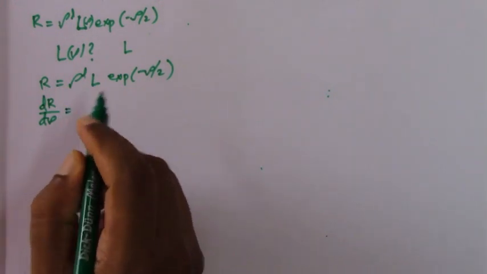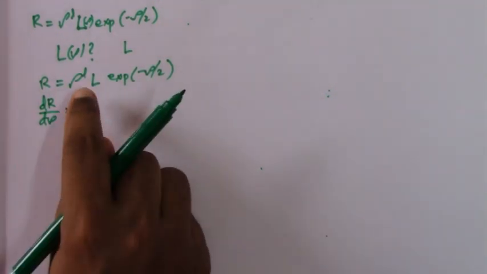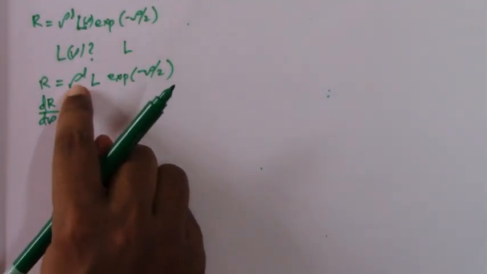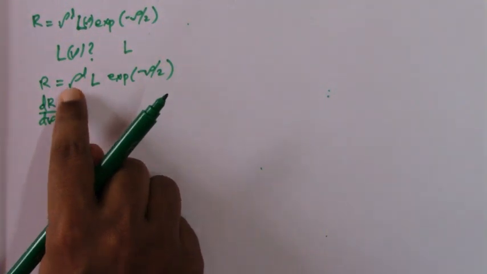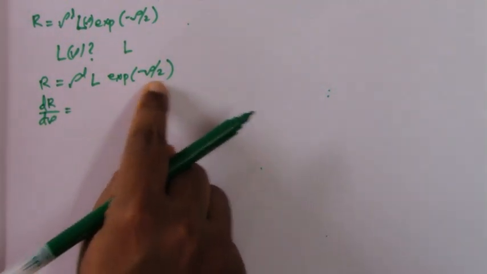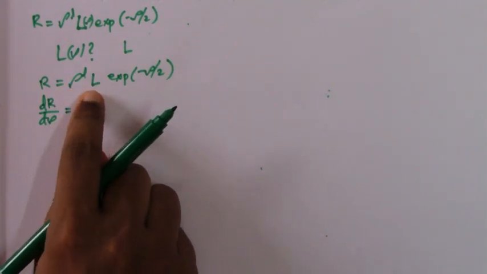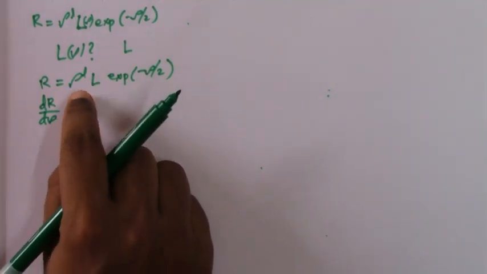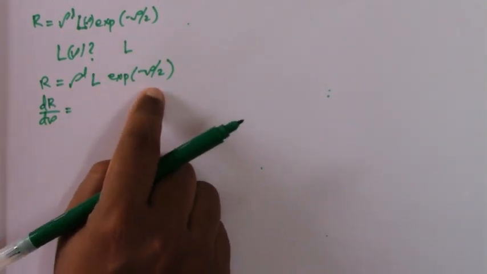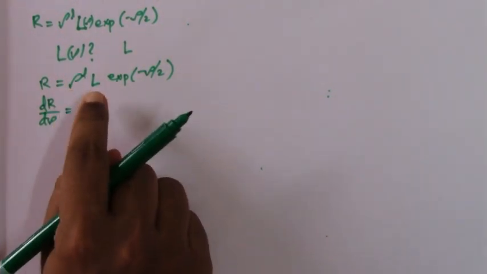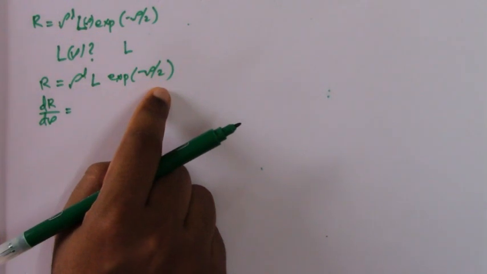So dR by d rho is the d by d rho of rho raised to L exponential minus rho by 2. It is a product of three individual functions: rho raised to L, L, and exponential minus rho by 2.